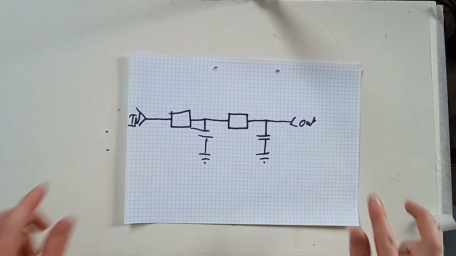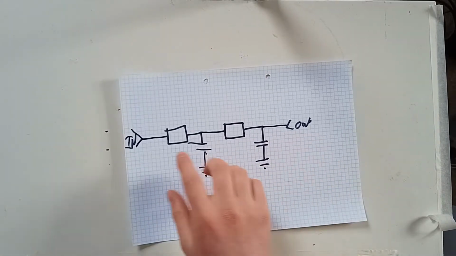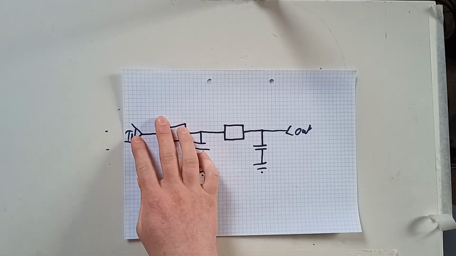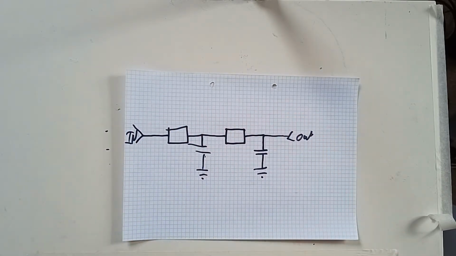Following on from that, though, with a second order filter, when it comes to making it variable, this is called a cascade filter, because you are running the first filter through into the next one, so it is cascading from one to the other.